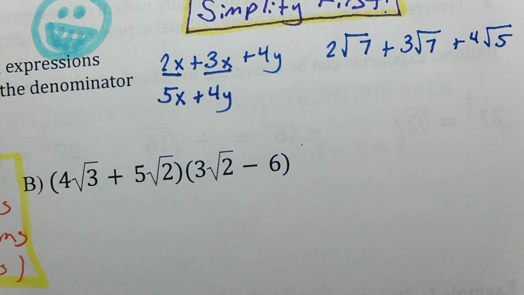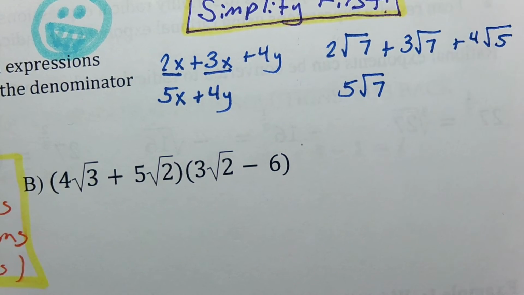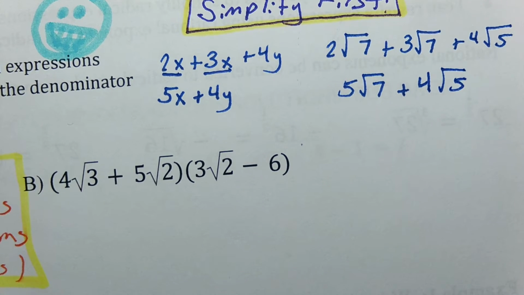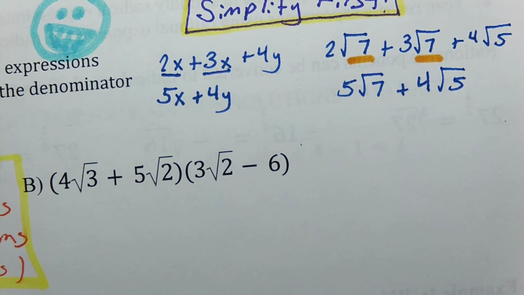the radicals behave like units. I have 2 rad 7 plus 3 rad 7s. How many rad 7s do we have? 5 rad 7s. And then what about 4 rad 5? Can I add those together? They are not like radicands, so they are not like terms.